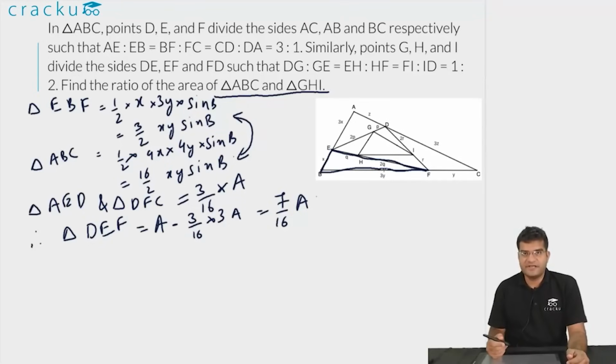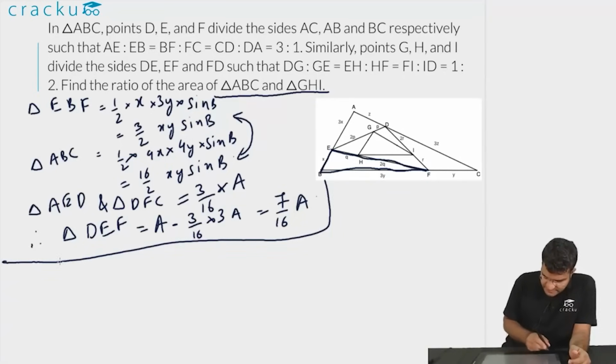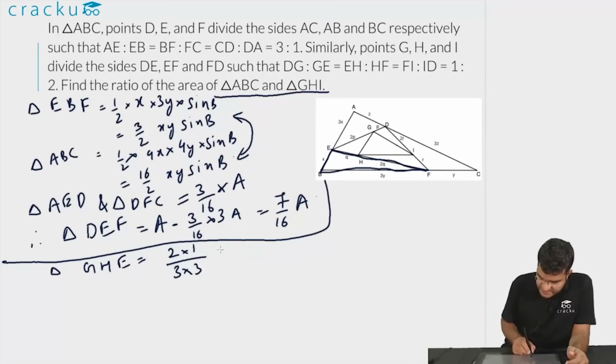Now we have calculated the area of DEF. We'll use the same technique to calculate the area of the inner triangle, that is GHI. In this case, the area of the triangle GHE will equal 2 into 1 by 3 into 3 of the area of the bigger triangle DEF. This is into 7 by 16A.